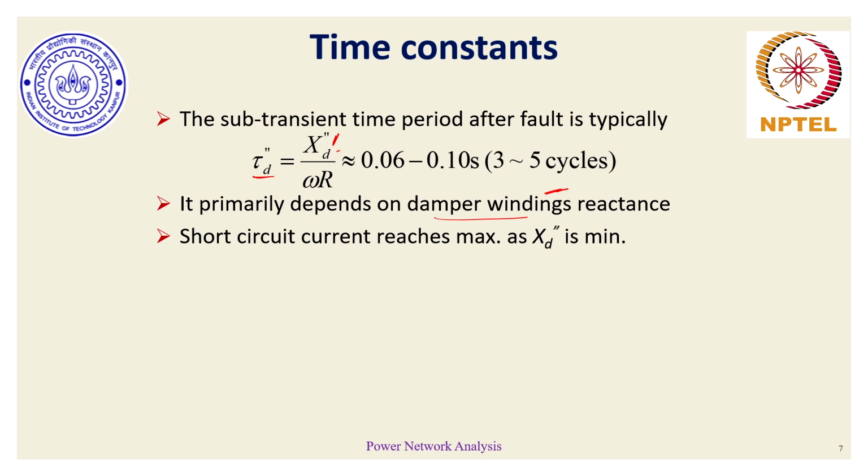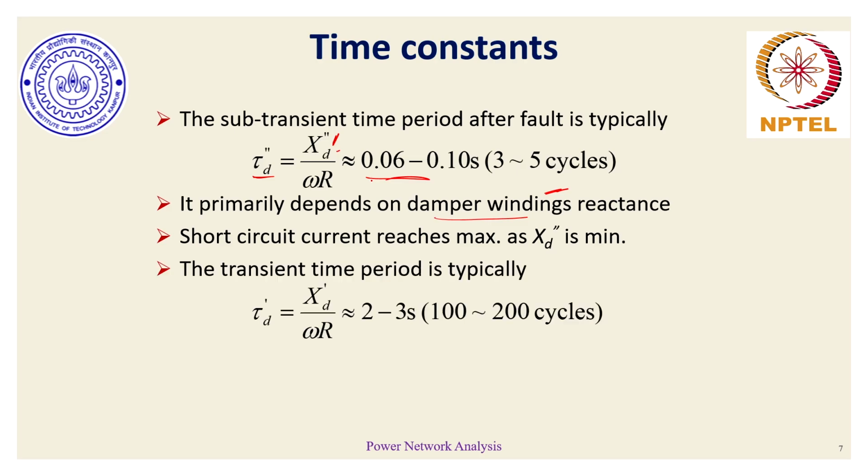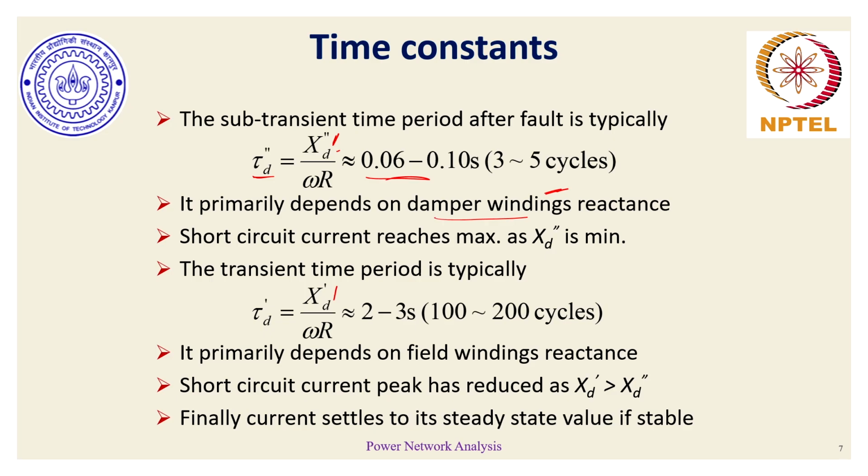Hence the corresponding time constant is the minimum in the subtransient period, followed by an increase in the transient period because the Xd dash value has gone up, since now more linkage happens between the stator winding and rotor winding. And finally, in steady state, the current settles down to a steady state value, and the steady state reactance Xd has been achieved, which is the final linkage.